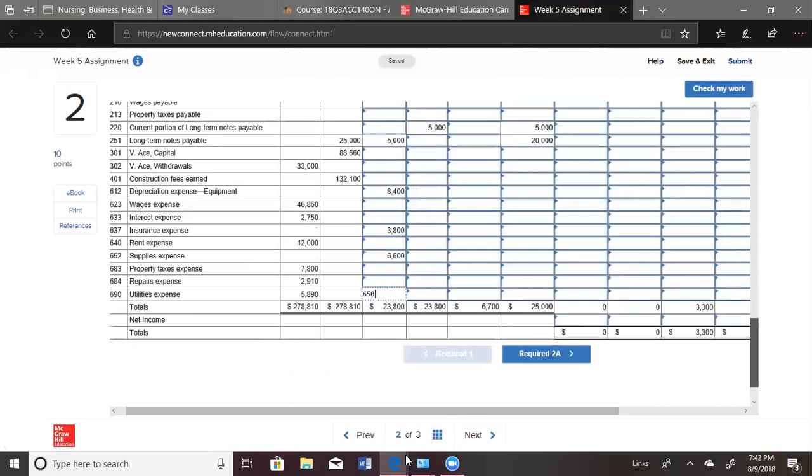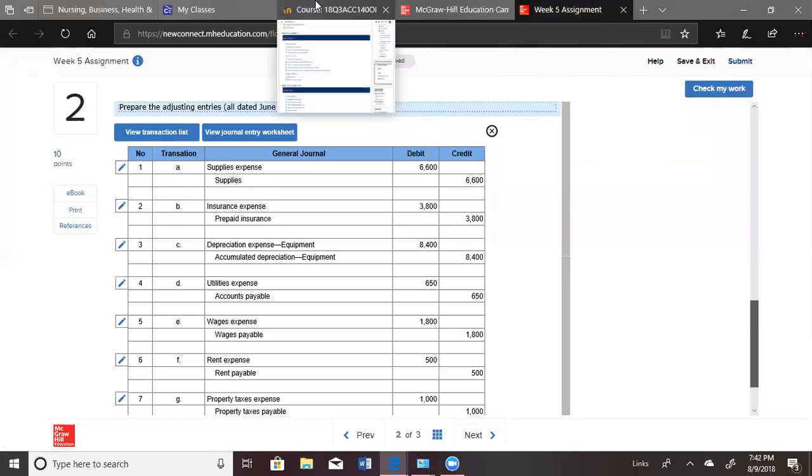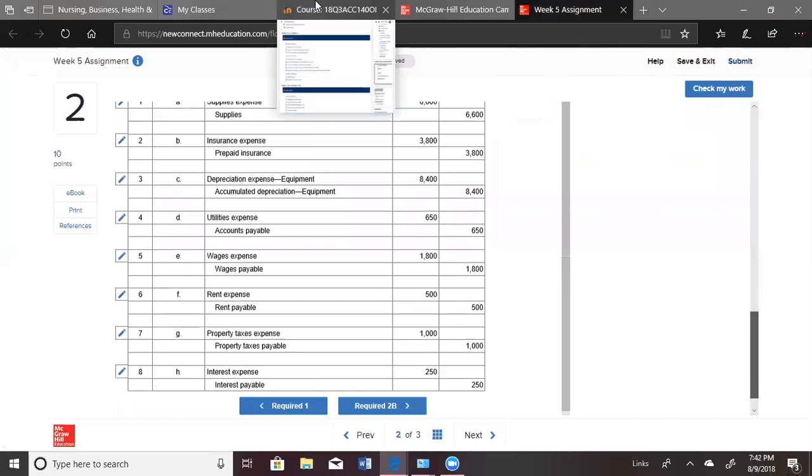And then go back to accounts payable, that is a credit. Payable, $650 is a credit.